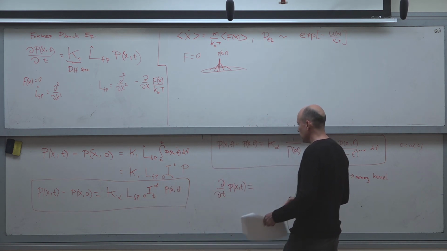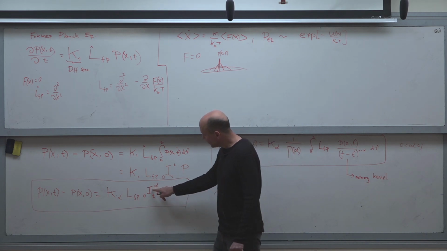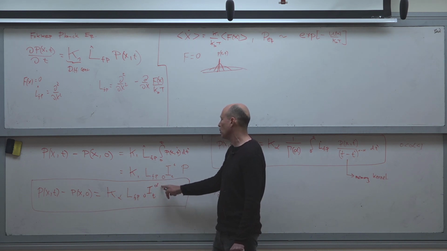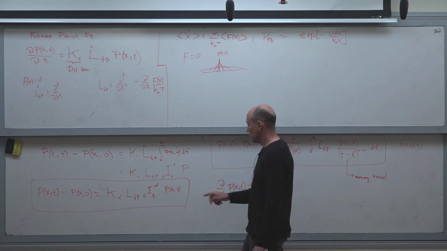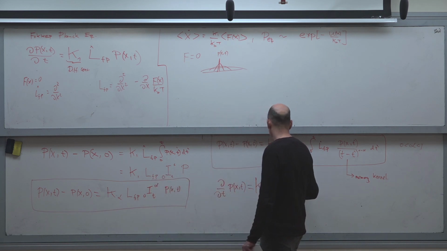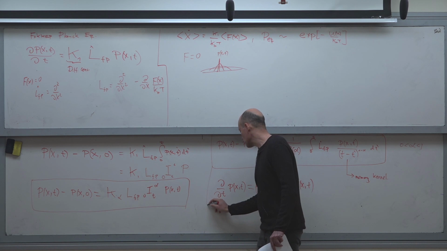So in some sense, if I have an integral which is alpha minus 1 and alpha is bigger than 1, then I can say this is a derivative of order 1 minus alpha. Again, I'm changing the order, so it's the inverse of this. 1 minus alpha. This is another way to write this equation.